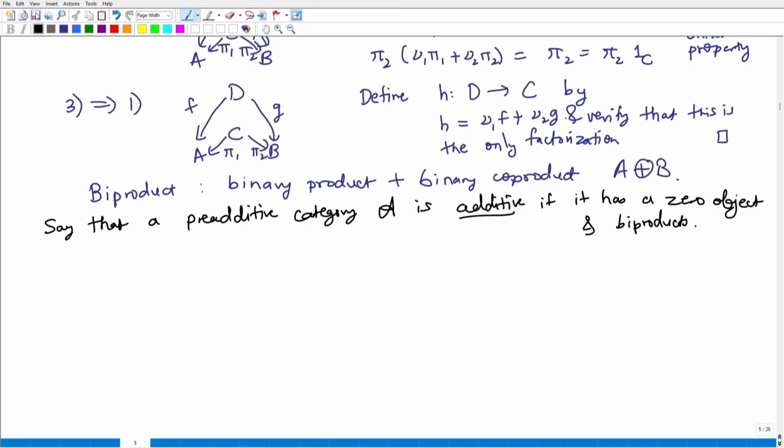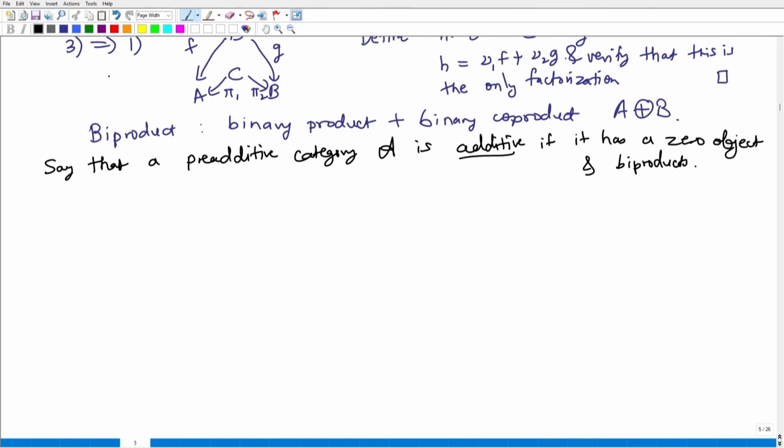Okay, what would be the next thing? If we are trying to add more limits and colimits, then what else is remaining? Equalizers. Very good. Equalizers have got a special name here. They are called kernels. So, kernel, this is a definition. Suppose f is a morphism.